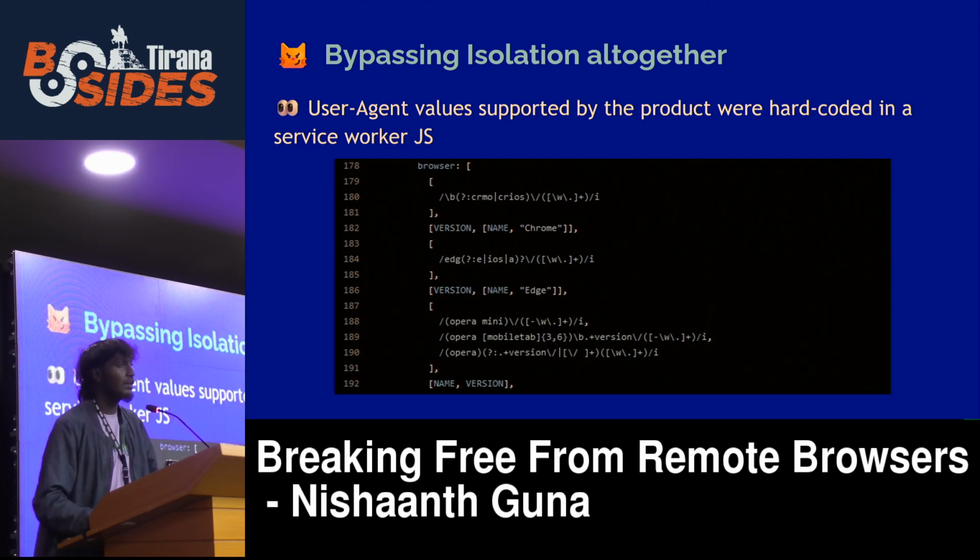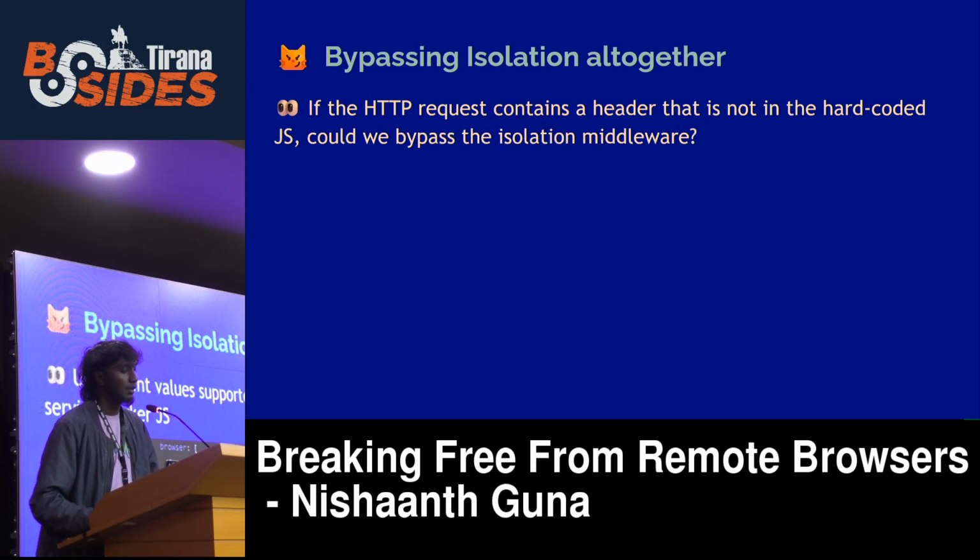While we were checking the JavaScript source for the remote browser website, which gets redirected, we noticed a service worker file which had loads and loads of user agents hard coded. We wondered what the reasoning was behind user agents being hard coded in the RBI browser's website.